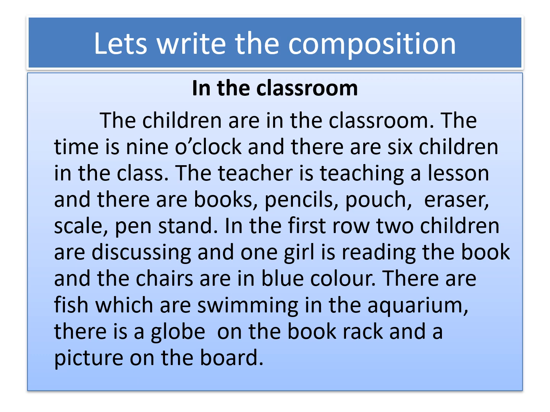And the chairs are in blue color. There are fish swimming in the aquarium. There is a globe on the book rack and a picture on the board. So these were the answers to all the questions I have written, and when I write all of them in a paragraph, it becomes a picture composition. Okay children?